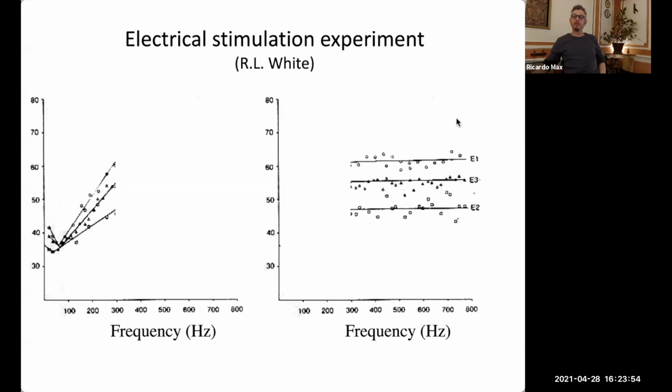Which one supports the place theory? And which one supports the temporal? Let's begin with the place theory, according to which we perceive sound, according to where the neurons along the basilar membrane, where they fire more.